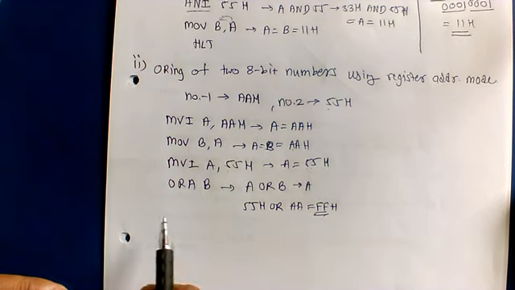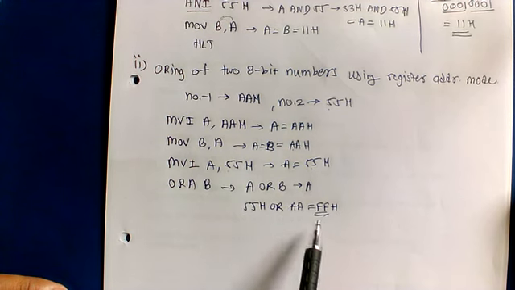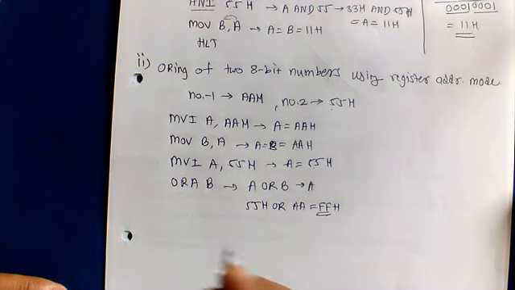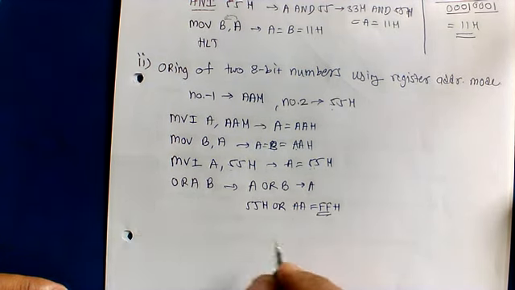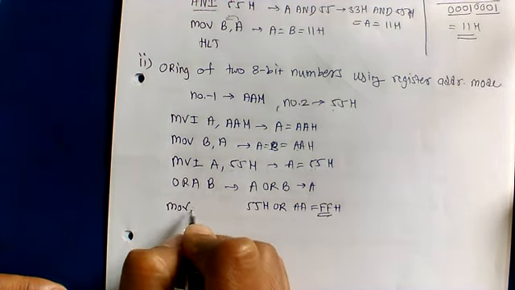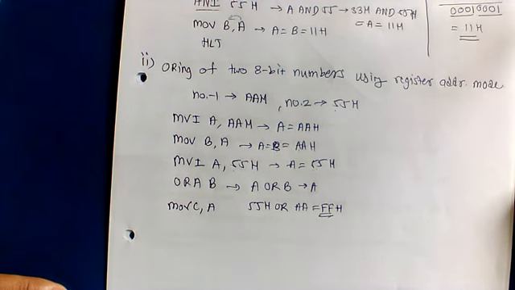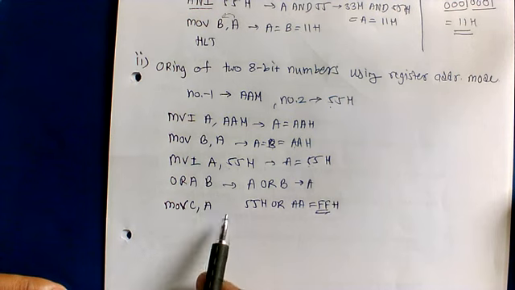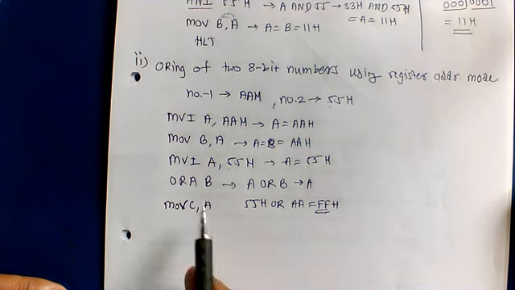Now suppose you want to copy this ORing result in another register, so you can use the move instruction. Suppose MOV C, A. Move C comma A means copy accumulator content into the C register.